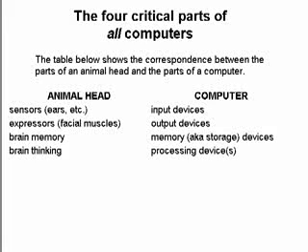The computer talks about output devices. There's also a brain in the animal head, and it has 2 aspects. Brain memory in the animal head corresponds to memory or storage devices in the computer. Finally, brain thinking in the animal head is like the processing device or devices in the computer.